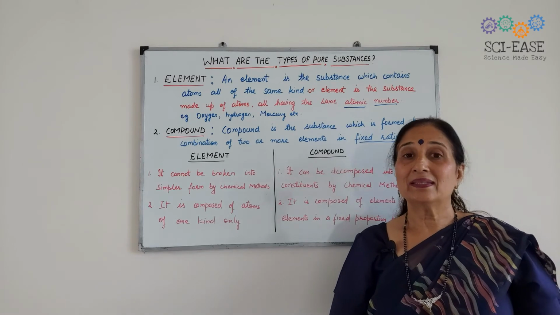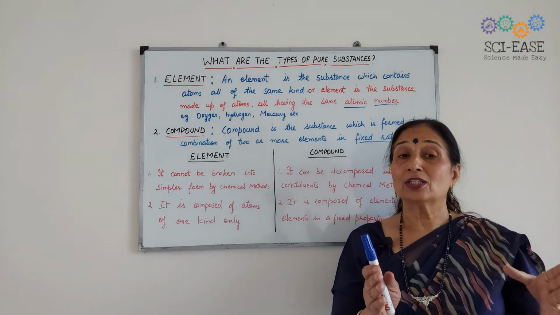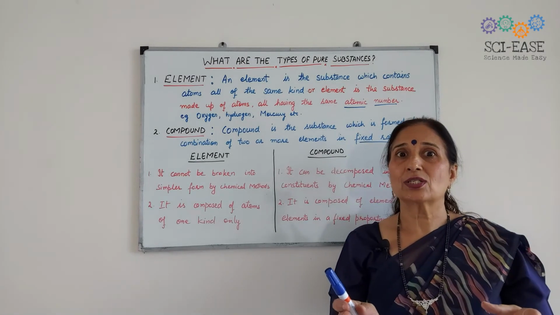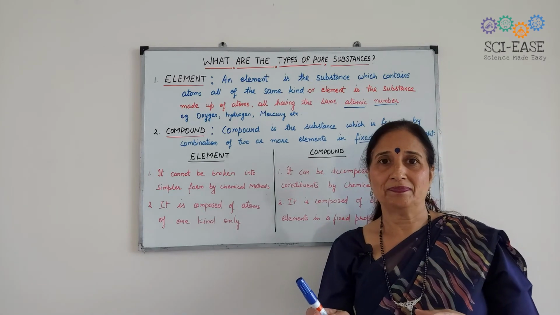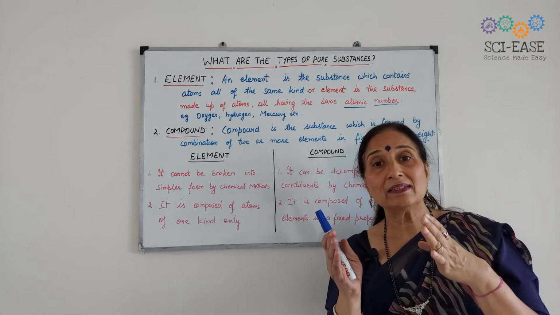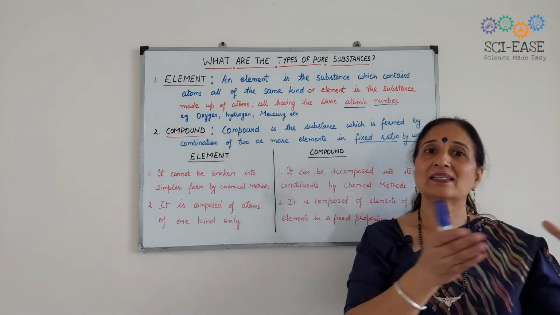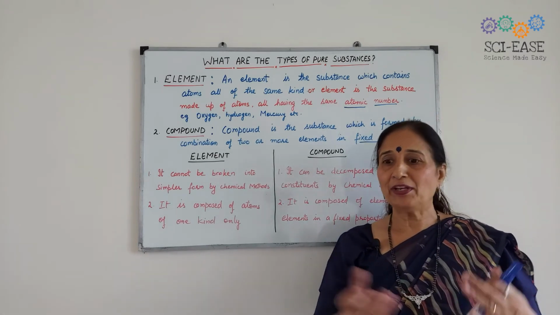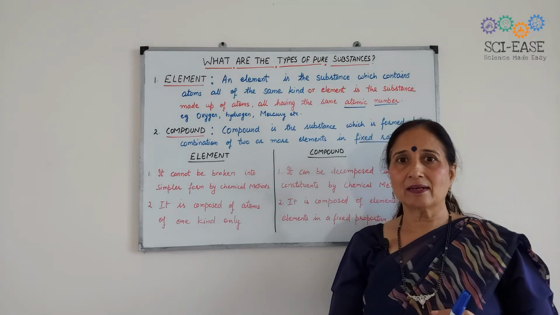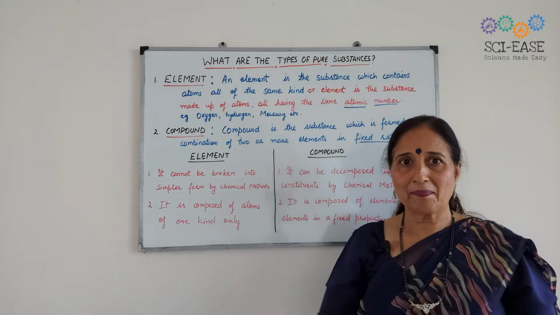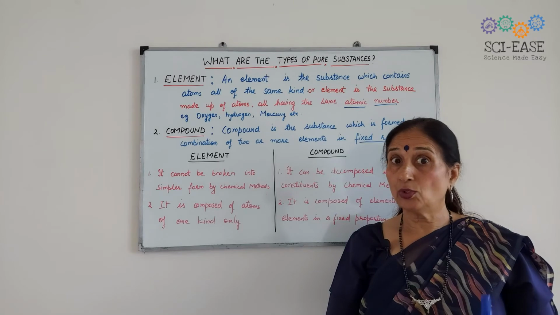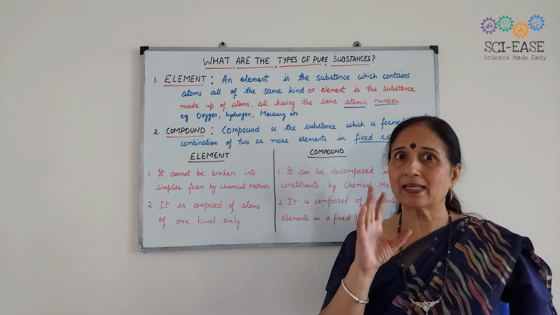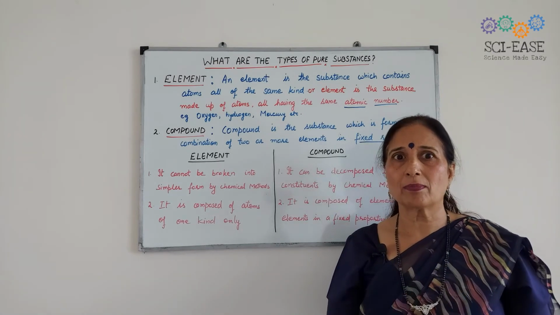Okay? Then next one, the properties of the mixture, that is same as the properties of its constituent elements. When you mix iron and sulfur, just mix, you are not heating, you are mixing them, this means mixture is formed.